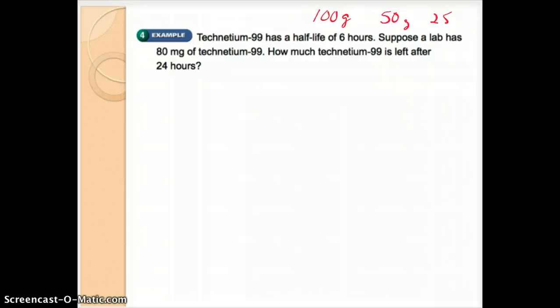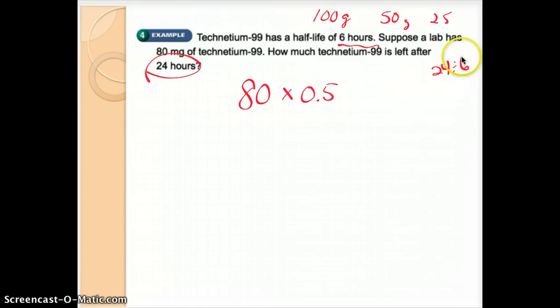So you could probably logic this one out with a chart, but I still want you to get in the practice of making an equation. So we're going to start at 80 milligrams. And then every 6 hours, I'm going to multiply it by half of it, by 0.5. If I'm looking for 24 hours, I would do 24 divided by 6, which is 4.